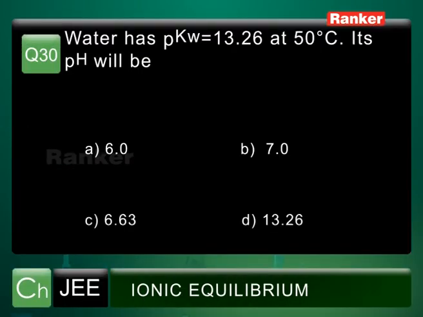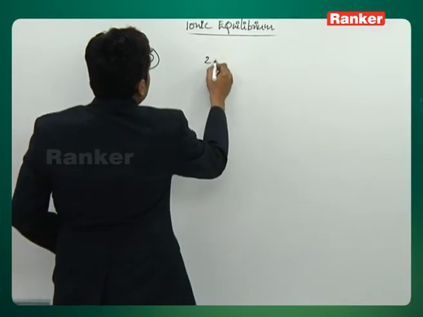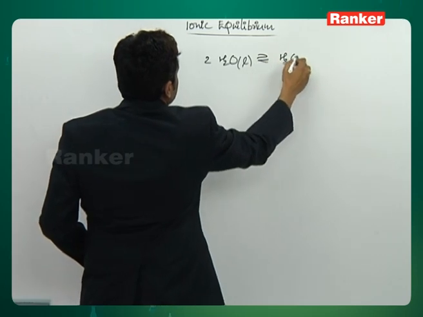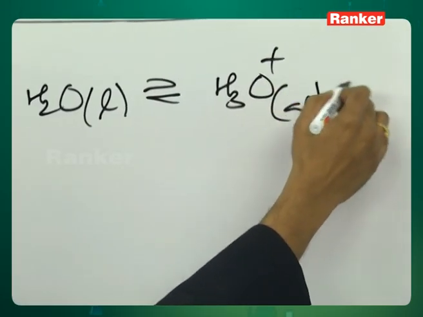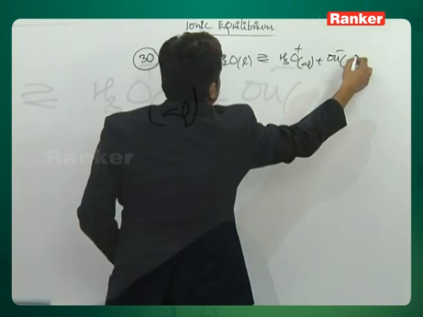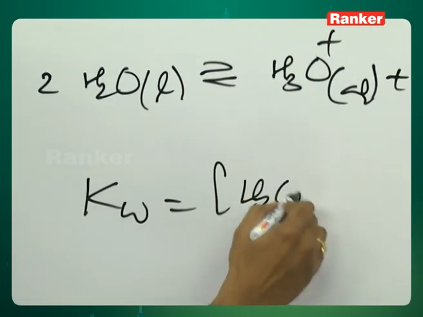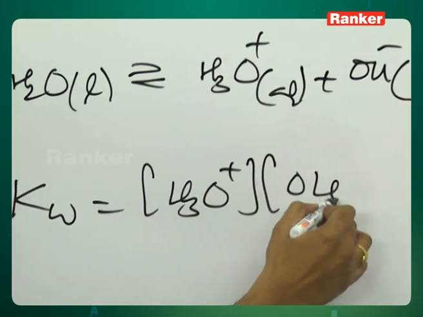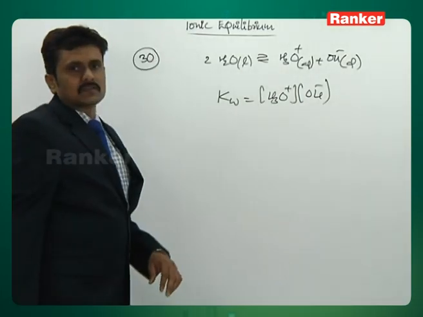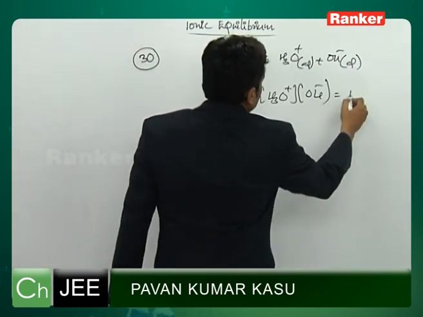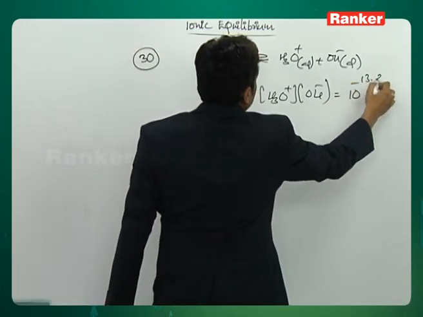Water has pKw equal to 13.26 at 50 degrees Celsius. Its pH is asked. So we know the self dissociation of water. When we write Kw for this, we are going to write like this. Now we have been given the pKw as 13.26, so therefore Kw will be 10 to the power minus 13.26.